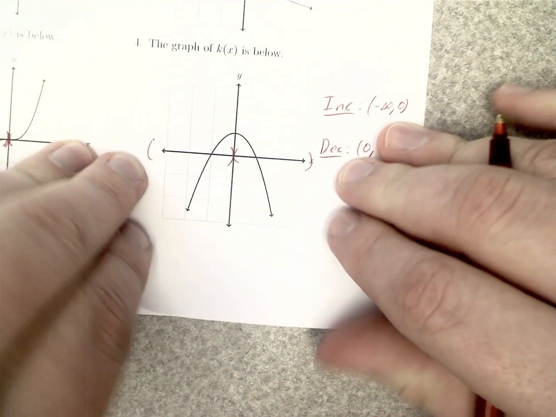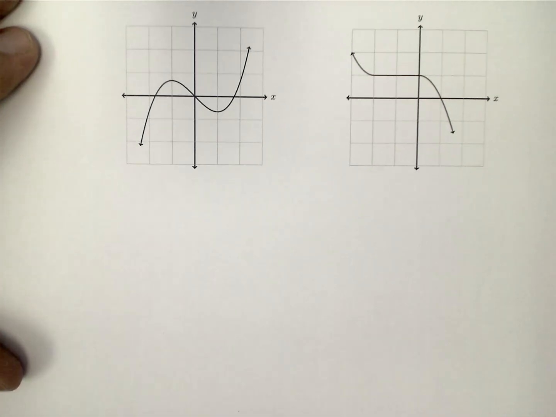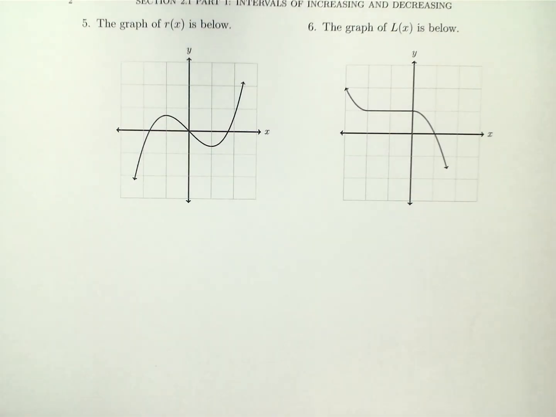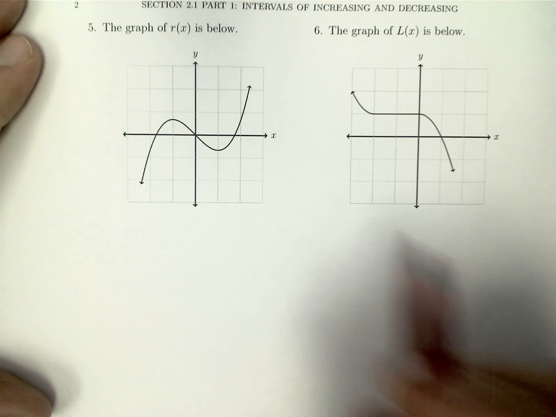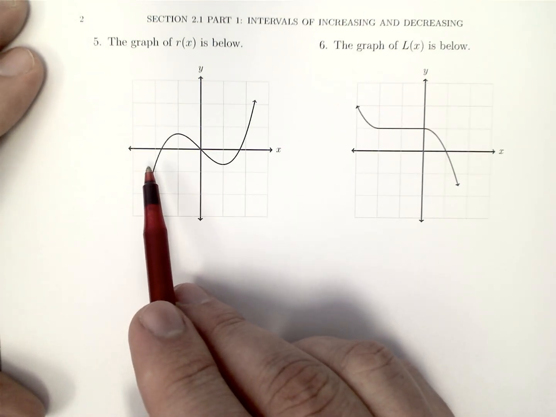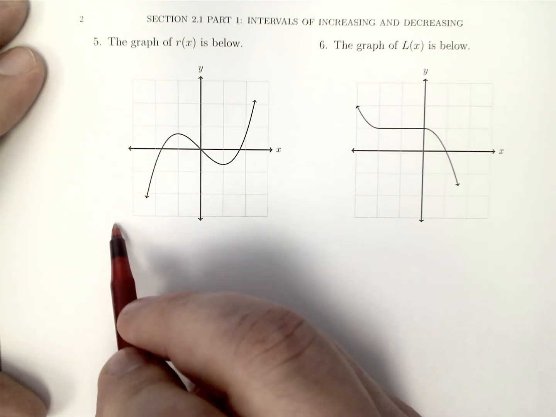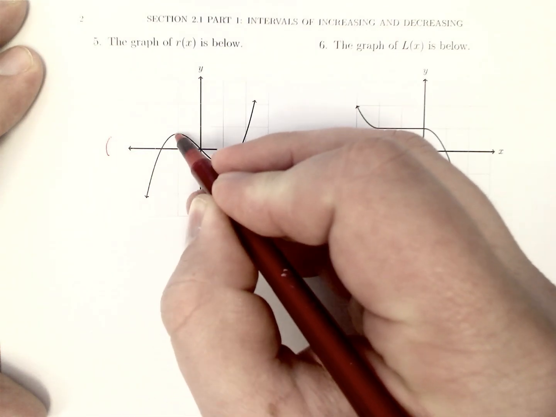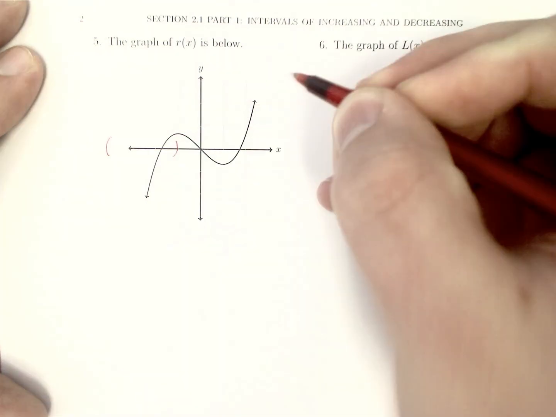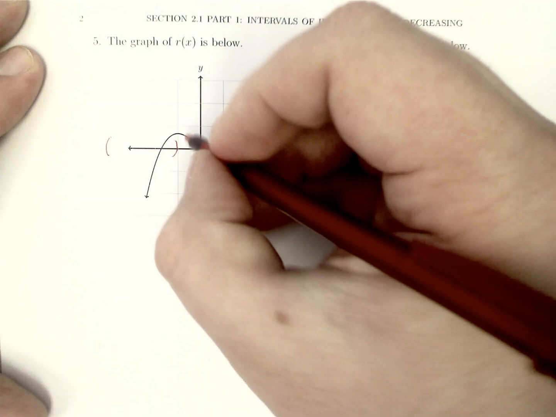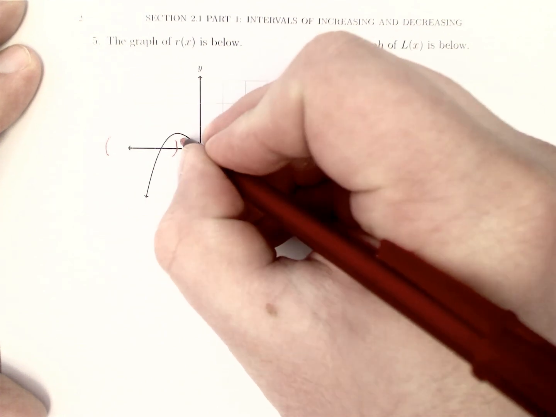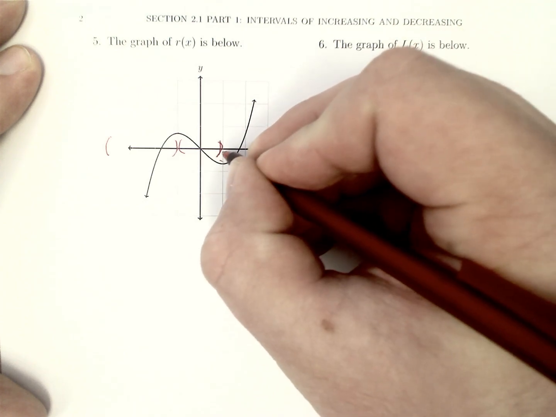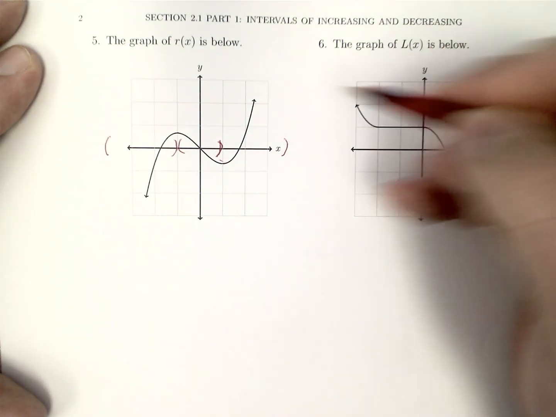We have some more examples. What about something like this? Here we have this graph. So where is it increasing, going from left to right? The graph is increasing until we get to here. And then from here to here, it's decreasing, it looks like. And then from here on, it's increasing again.